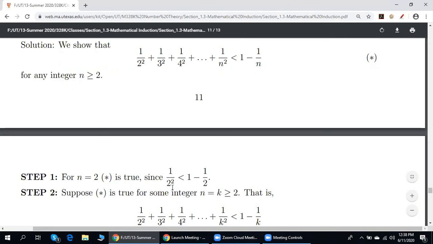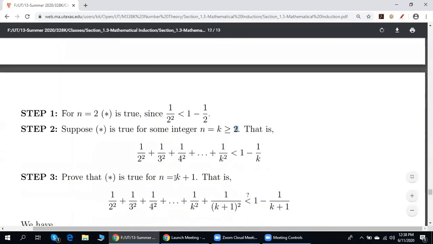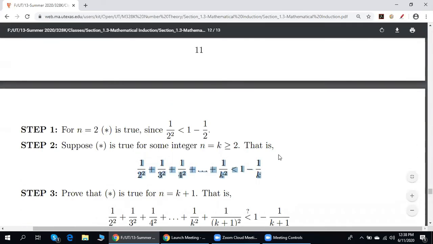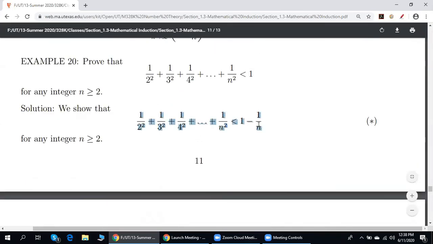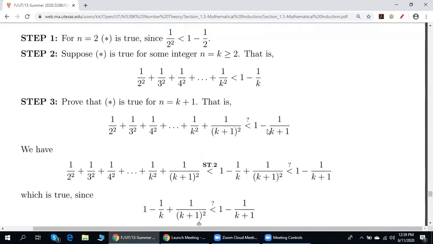Obviously, 1 over 4 is lesser than 1/2. Step 2. Suppose this is true for some integer n equal to k, where k is greater or equal to 2. Suppose this. Let us prove this for n equal to k plus 1.